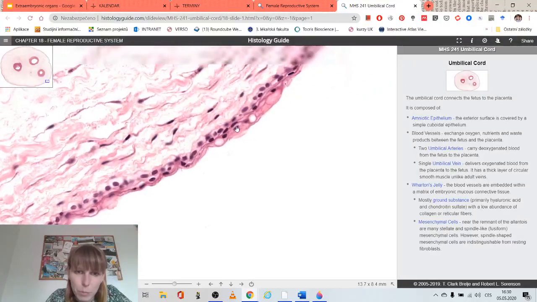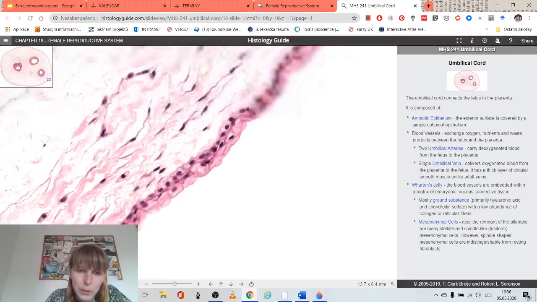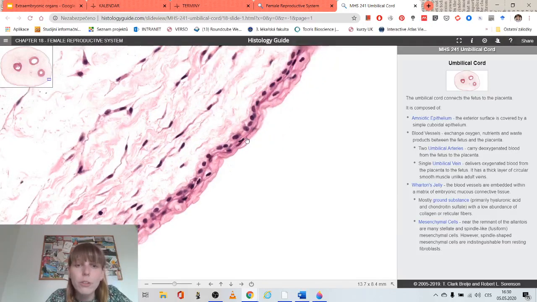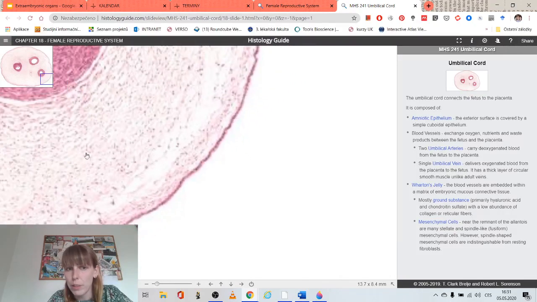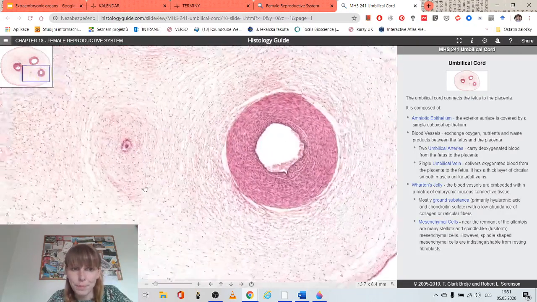Sometimes there are more layers, so it doesn't really matter. But it's the amniotic epithelium, amnioblasts, lining the surface of the umbilical cord. So that's all that you should be able to find on the slide of umbilical cord cross section.